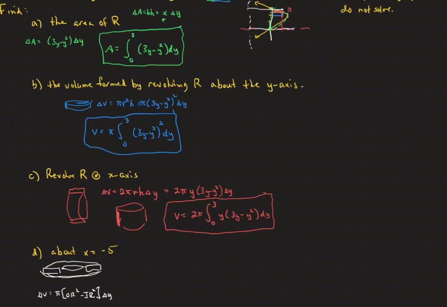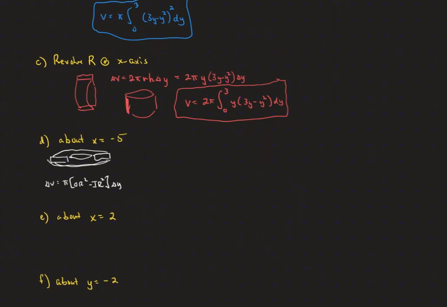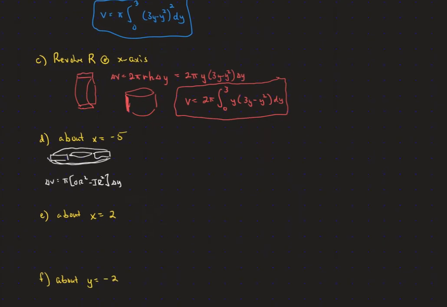So that radius is going to be x minus the negative 5. But since we have a delta y, we need that x to be in terms of y, which means it's going to be our curve. So that's going to be 3y minus y squared minus the negative 5, which will be a plus 5. That's our outside radius.